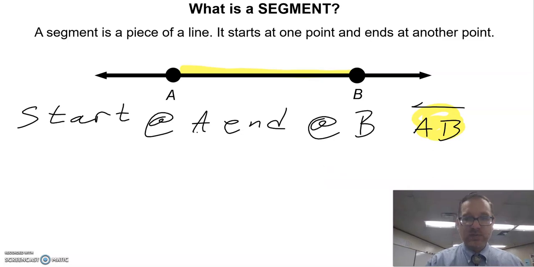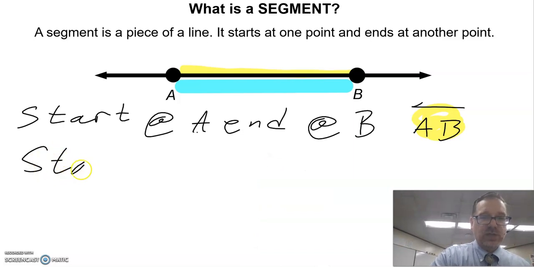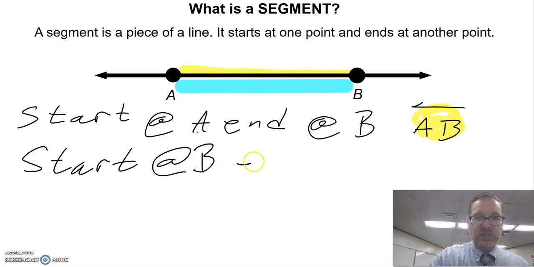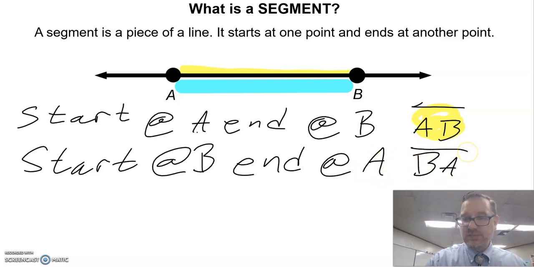Let me move that a little bit out of the way. Alrighty, I could also, if I wanted to, start at B and go to A. So if I went the other way, I started at B and then I ended at A. That is segment BA. Notice when I put a segment over the top, there's no arrows on it because a segment starts at one letter and ends at another letter.